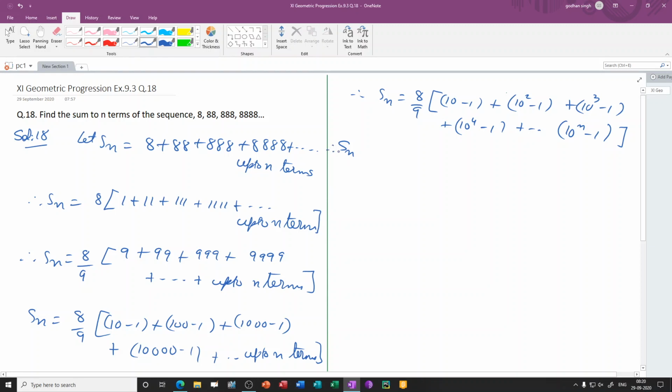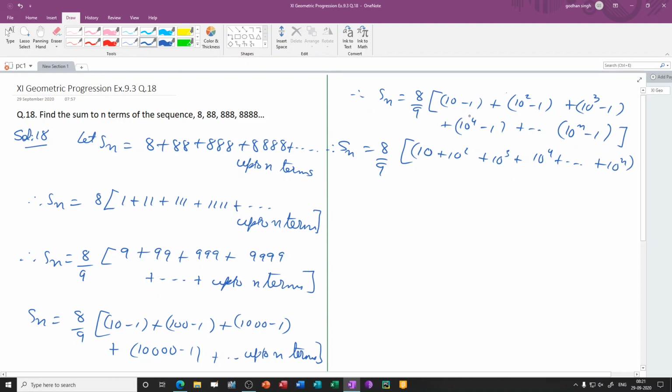Therefore, Sn equals 8 by 9. Now here we have a single bracket. This will divide into two parts, one containing only 10, 10 square, 10 cube, and the other containing minus 1. So this will become 10 plus 10 square plus 10 cube plus 10 raised to 4 plus so on till 10 raised to n.